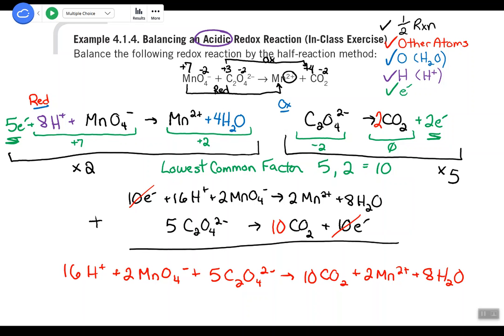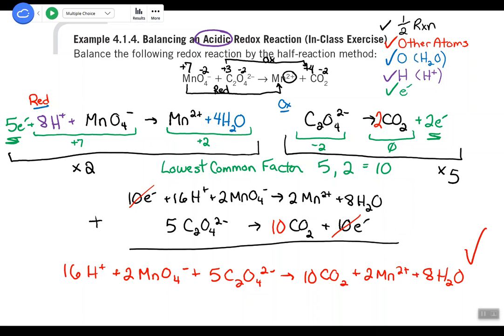We have 10 carbons, 10 carbons, 2 manganese, 2 manganese. Overall, the charge on this side is 2 times plus 2, which is plus 4. Overall on this side, negative 10 minus 10, which is minus 12, plus 16, which gets me to plus 4. Super. We have double checked, and it matches.